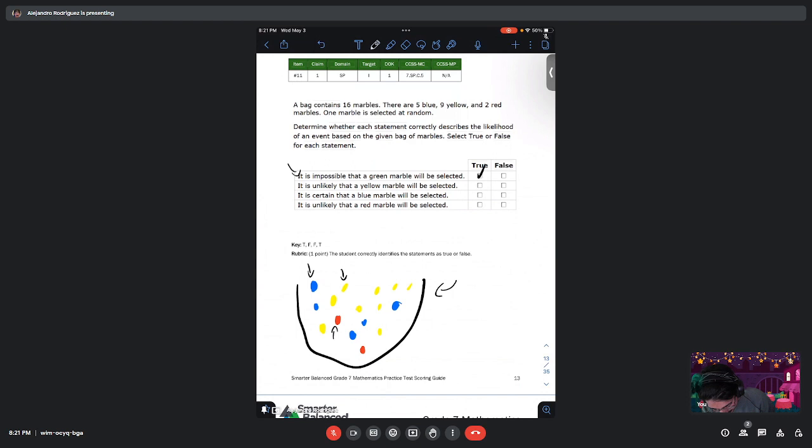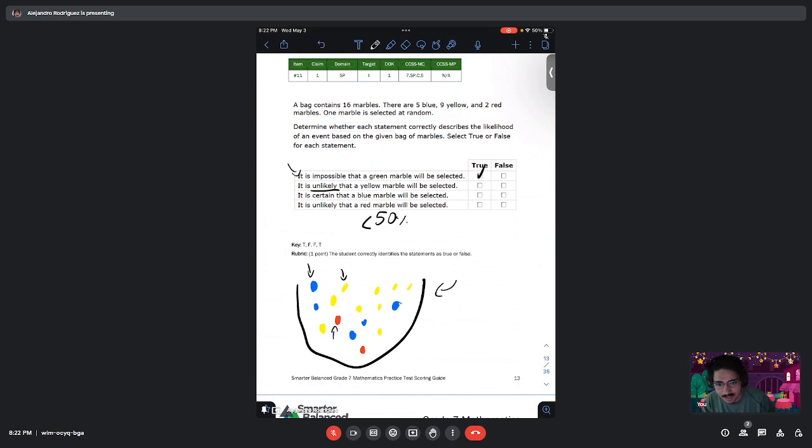The next question says, it is unlikely that a yellow marble is selected. The point here is unlikely. What does it mean to be unlikely? We haven't covered this yet, but if you're thinking about chances, unlikely means that there's less than a 50% chance of it happening, right?